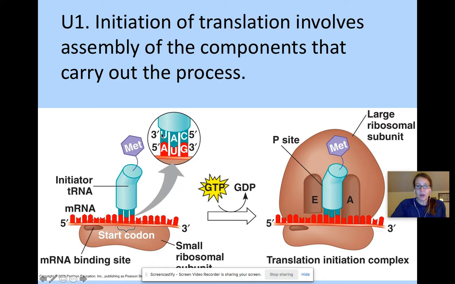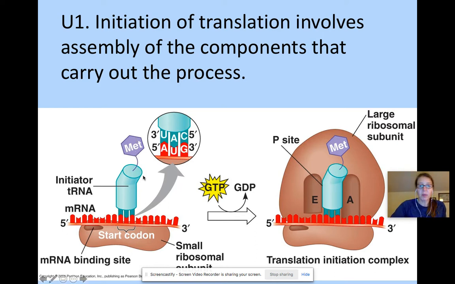To initiate translation, the mRNA has to dock on the small ribosomal subunit where the first start codon, which is AUG, is in the proper place on the small ribosomal subunit. And then the tRNA that is the complement to that, so its anticodon for the AUG codon, the anticodon is UAC, and it is going to be carrying the methionine amino acid.